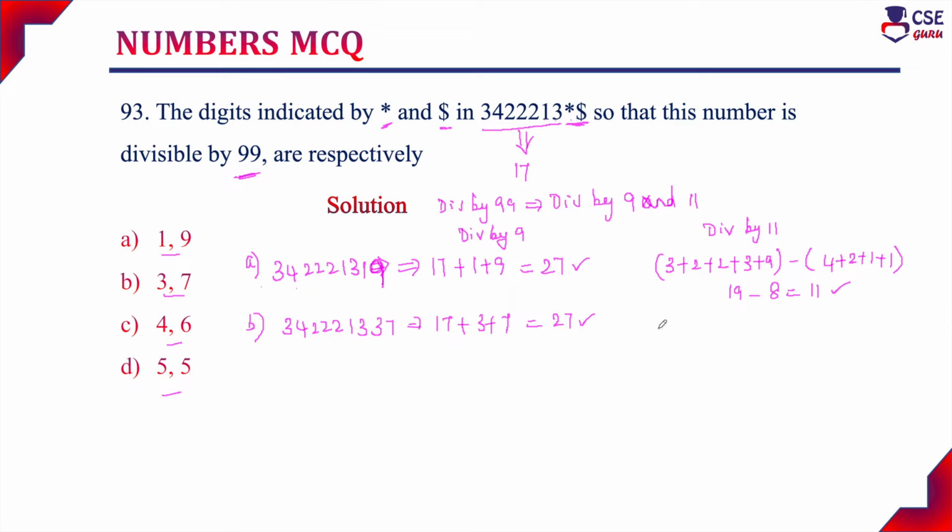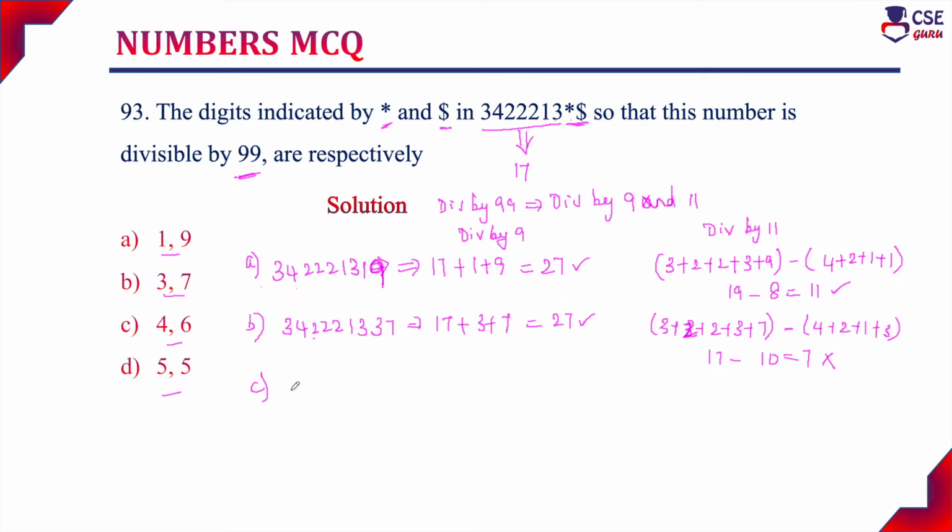And the divisibility rule by 11 is 3 plus 2 plus 2 plus 3 plus 7, the sum of the odd digits, minus the sum of the even digits, 4 plus 2 plus 1 plus 3. So it is 17 minus 10, so it is 7 and it is not divisible by 11. So option B is the wrong option.